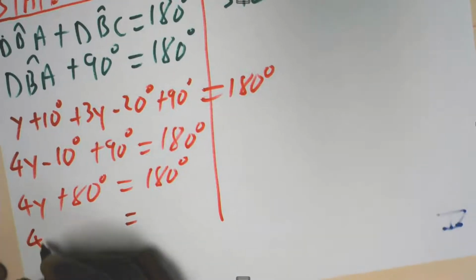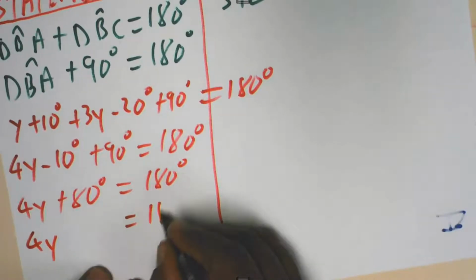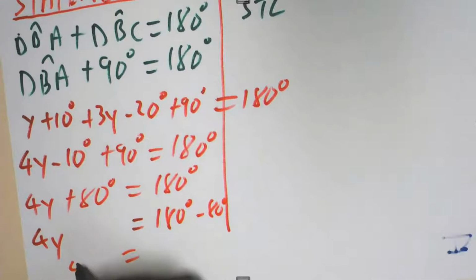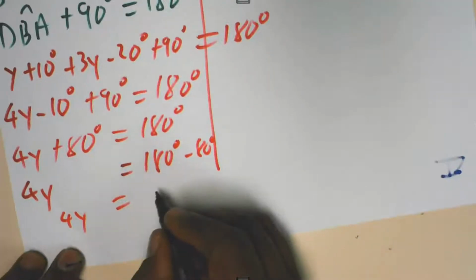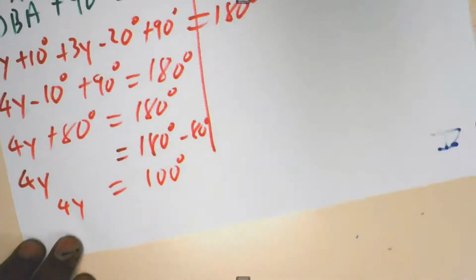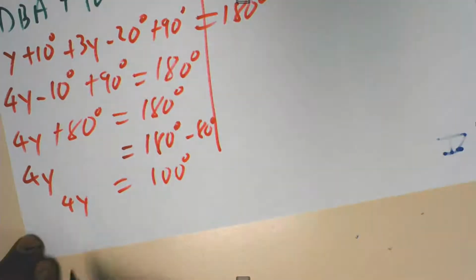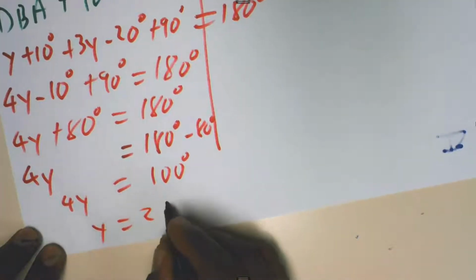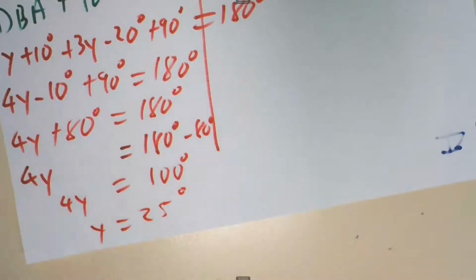So 4y equals 180 degrees minus 80 degrees, which is 4y equals 100 degrees. And what do you multiply your y with to get 100? It's 25. Therefore, y is 25 degrees, which has answered the question.